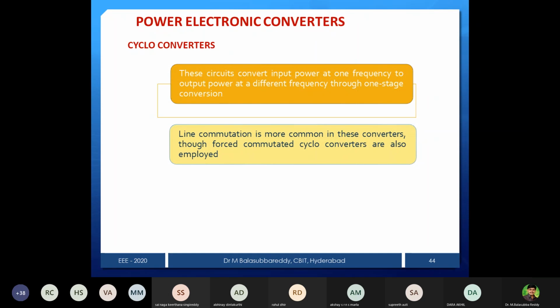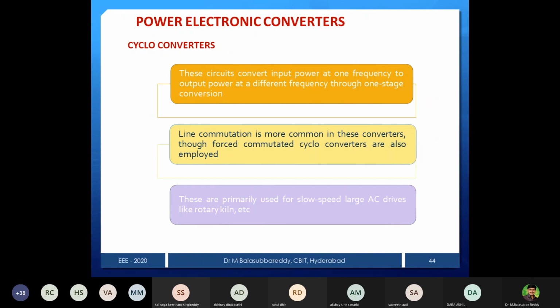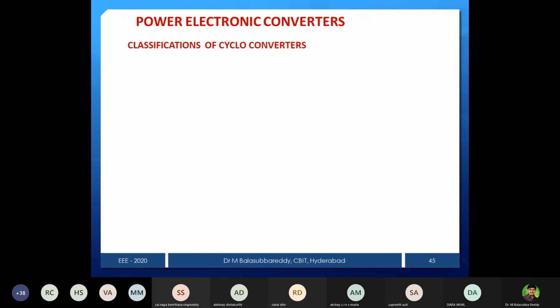That is the instant we require to get higher frequencies, that's why forced commutation is required. For slow speed and large AC drives, some high rating applications only, we are using this type of cycloconverter.